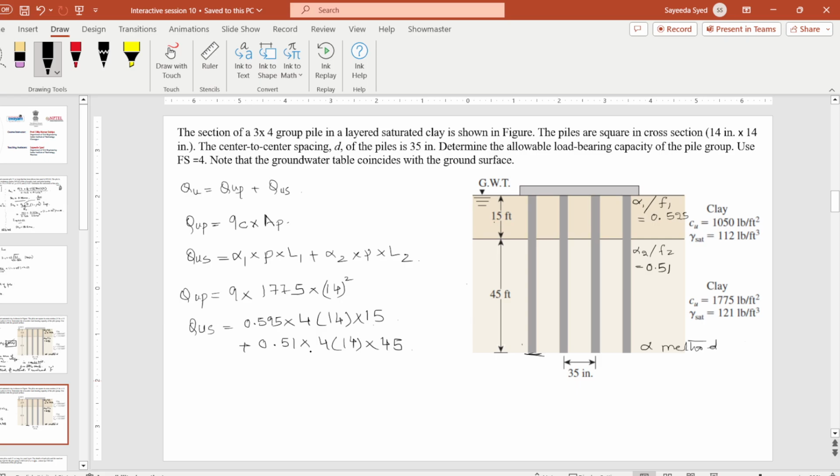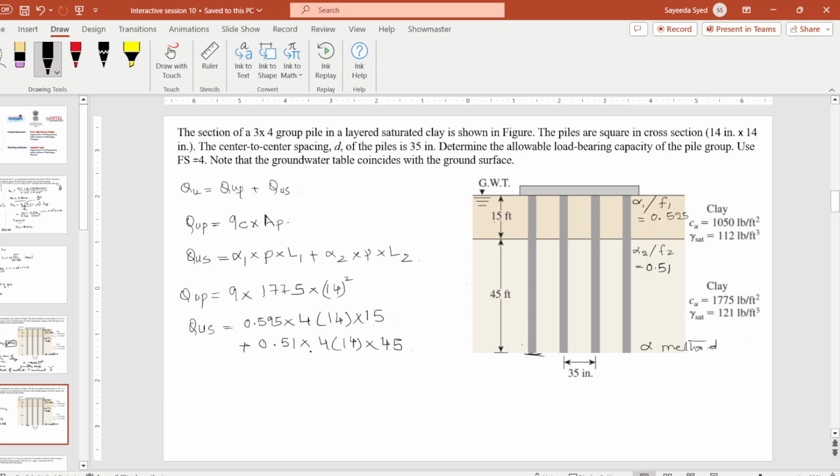So we know that L we are taking in feet and this we are taking in inch. We know that 1 inch is equal to 1 by 12 feet. So we need to divide this by 12 everywhere.